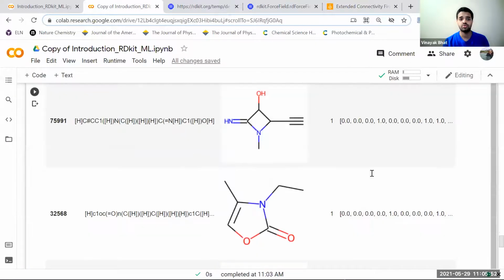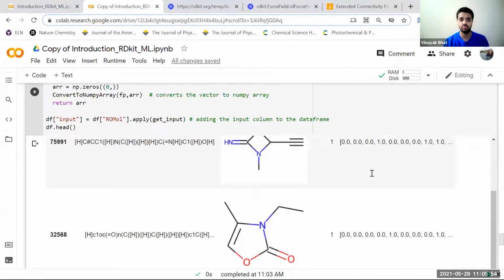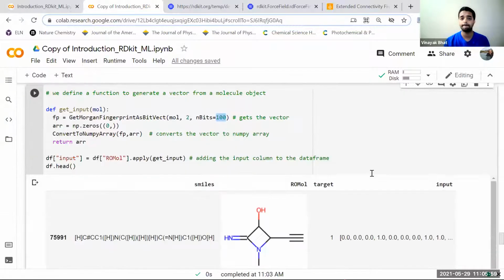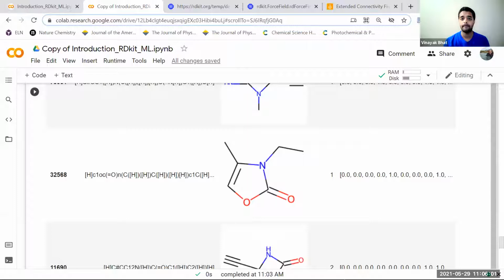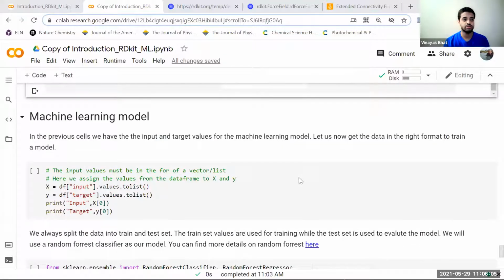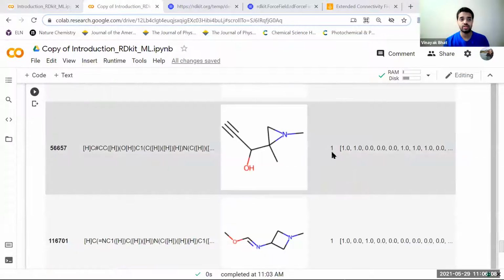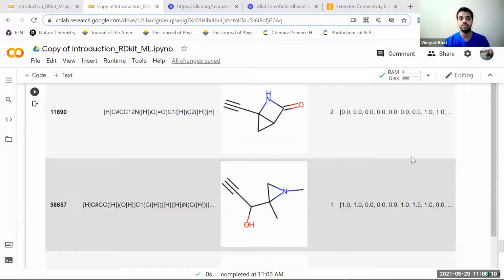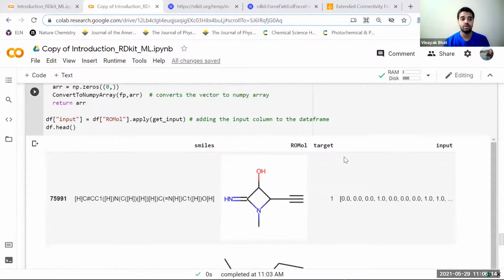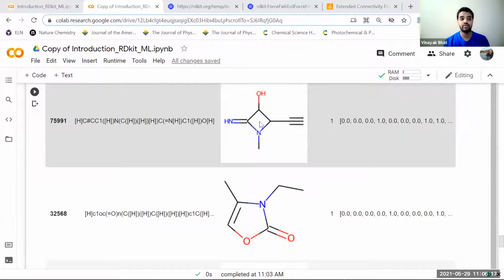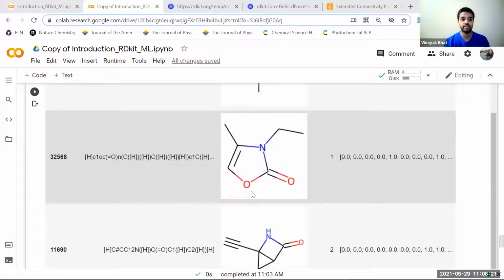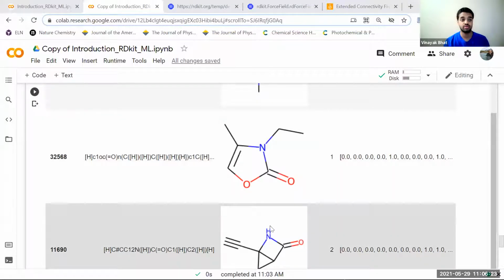Any questions into this? Because now we'll move into training the machine learning model to predict things. Okay, it's like no questions. So we have the data now, X and Y. X will be the input, and Y, what is it that we want to predict? What we want to predict is the number of rings in the system. So this has 1 ring, this has 2 rings, this has 2, this has 1, this has 2.